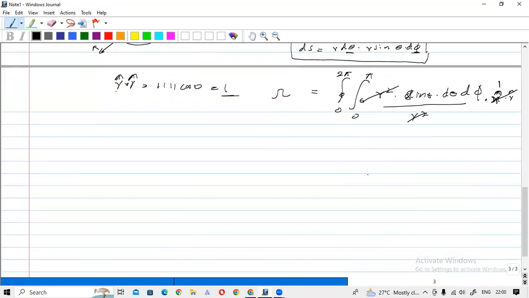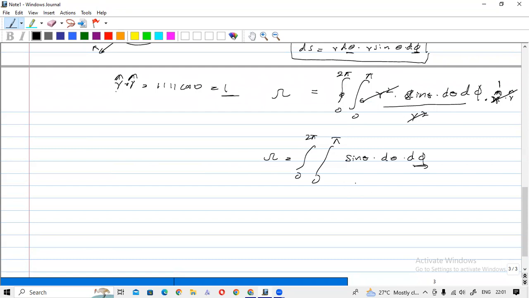Then you have to do this integral. Omega is equal to the integral from 0 to 2π, 0 to π, sine theta d theta d phi. If you integrate with respect to d phi, it is very simple because no phi terms are here.